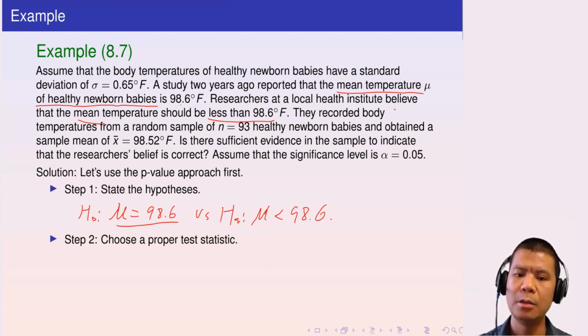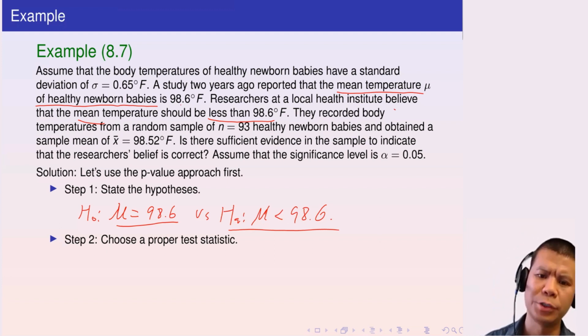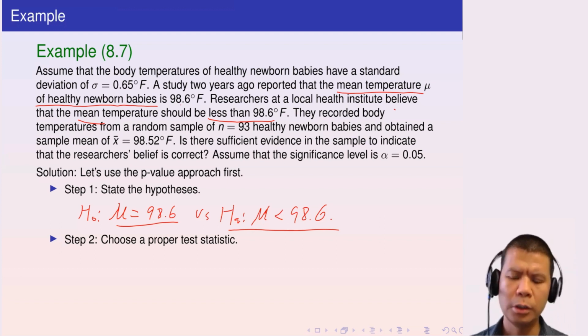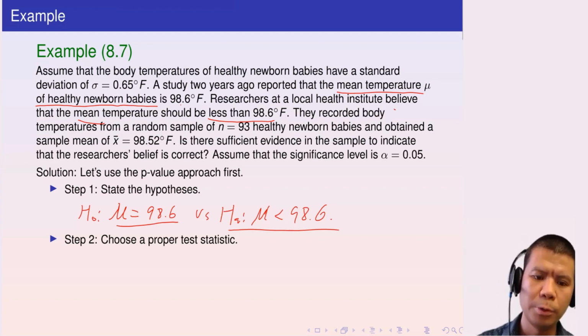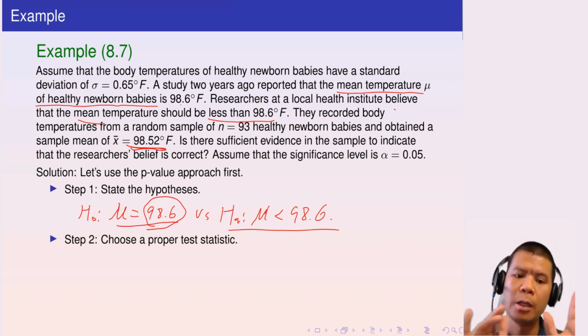So that's the alternative hypothesis. You have to be very careful on this. The null and alternative are claims about the population. They're never about the sample. That's why we are using 98.6 instead of the sample mean, 98.52. So be careful on that.